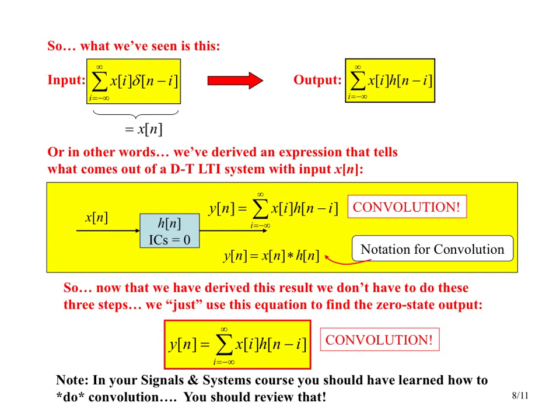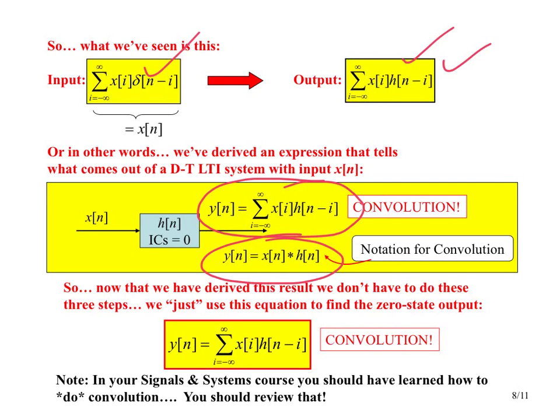We just showed that when x of n goes in, this is what comes out. And so we call this summation the convolution. We notate it with this symbology. And so what we've just shown is that for an LTI system with an impulse response of h of n, the output can be found by just doing this convolution sum.